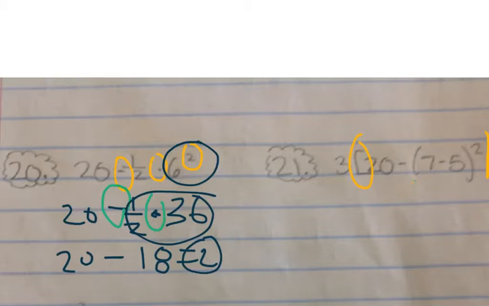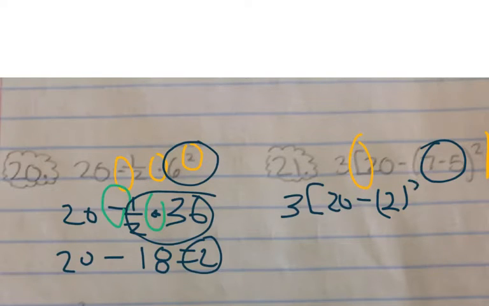Inside out. So, what do I have? I have 3 bracket 20 minus the inside parentheses. I'm going to do that next. 7 minus 5 is 2. Notice it's still squared. Close bracket.